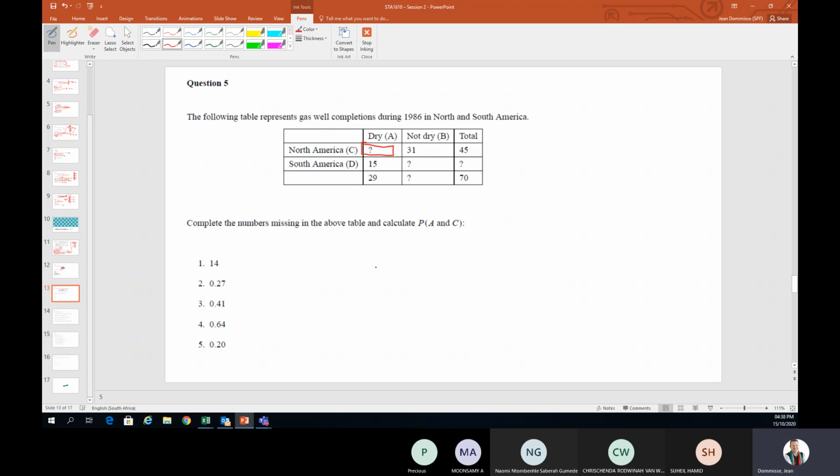I don't think you need all of the information. Firstly, you need to work out what that value will be, and that is straightforward. If the total of that row is 51 and the given values add to 45, then this value will be 14.